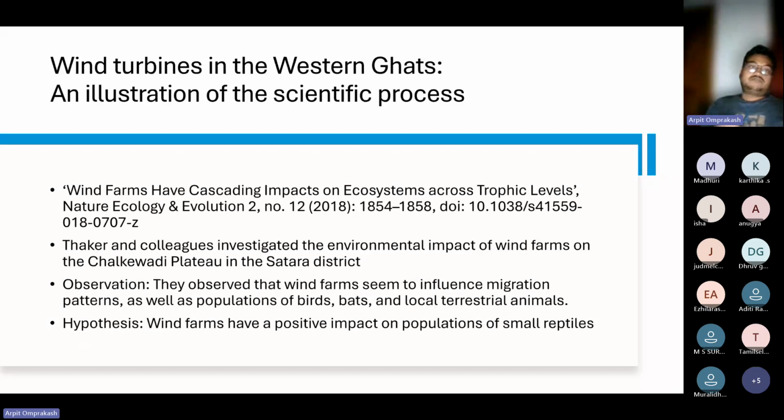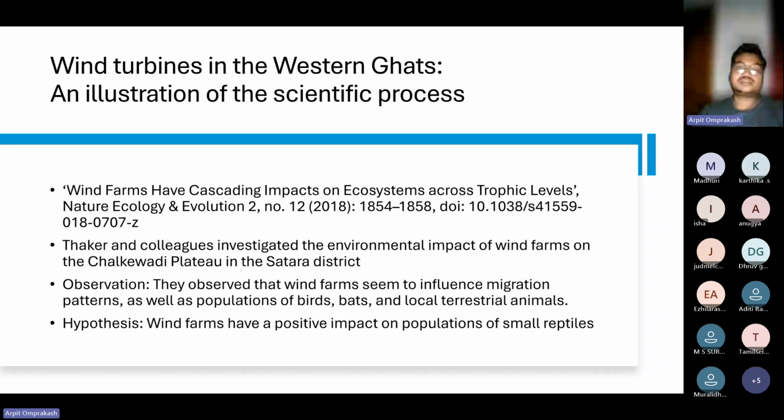So as a case study, we'll look at this example where Thacker et al. looked at what kind of effects wind farms have on ecosystems and on different trophic levels of the ecosystem. So by checking how these wind turbines are affecting ecosystems in the Western Ghats.